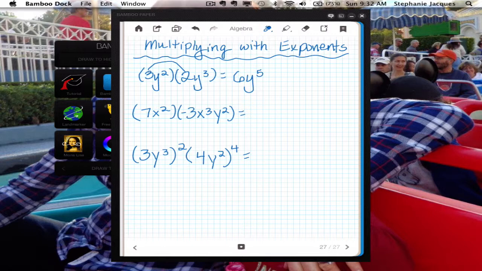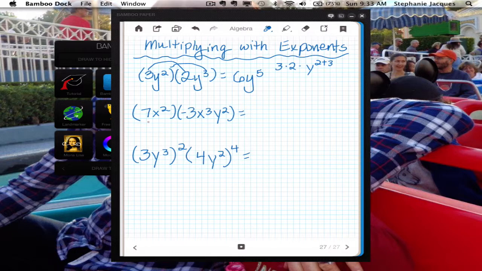So when you're multiplying, all you're doing is adding your exponents. So you could also write it like this. 3 times 2 times y, and you'd have 2 plus 3 to get the power.